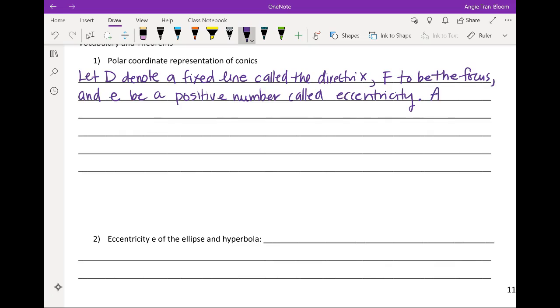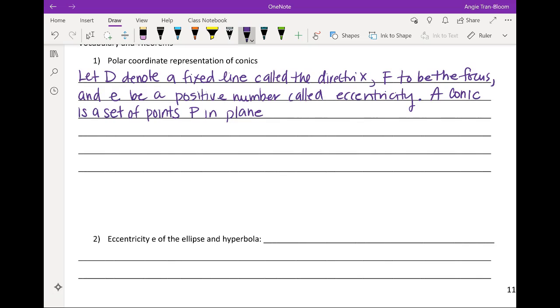Definition, ready? A conic is a set of points, let's call it P, in the plane. A lot of you gave me the same definition for ellipse and hyperbola. But in the ellipse, it was a set of points with a sum of distances, right? And then in the hyperbola, it was the difference of the distances. So that's the difference between the 2 definitions.